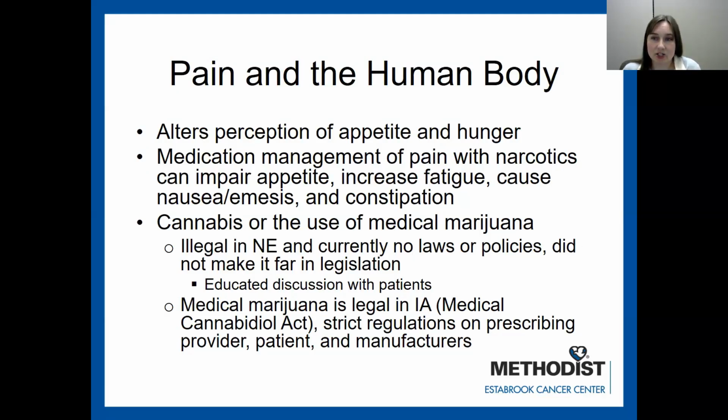And Kim did touch on cannabis, or the use of medical marijuana. This is illegal in the state of Nebraska. There's currently no laws or policies for medical marijuana in this state. It did not actually make it very far in legislation. So this is actually a discussion that I get with patients and family members.